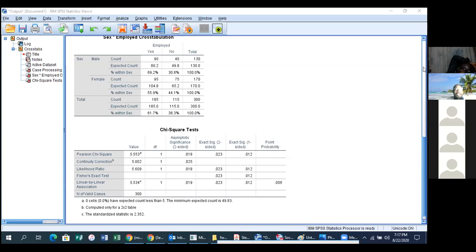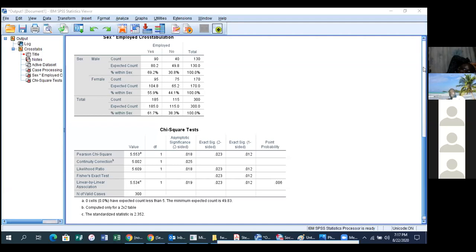Do some calculation now. The new expected value they give us, please put down 80.2 over 130. And another person put 104.8 for female over 170. Give us the percentage.